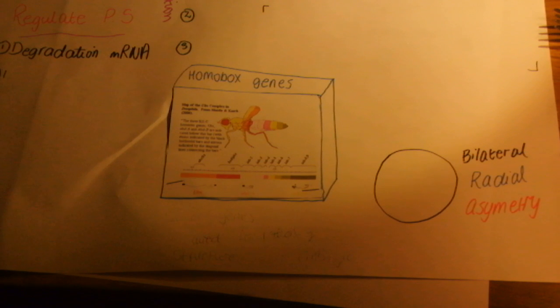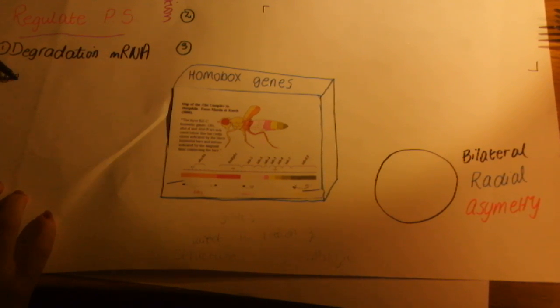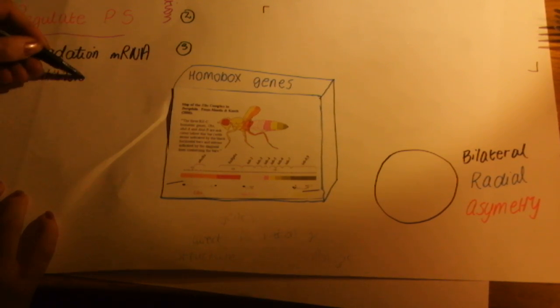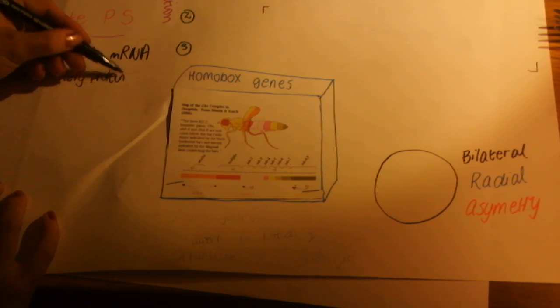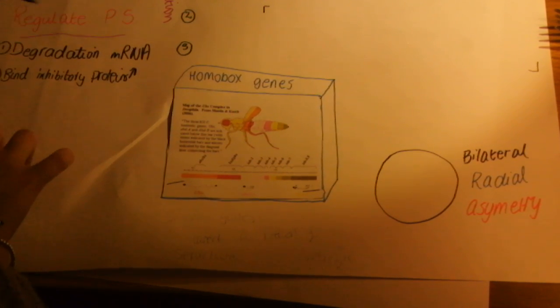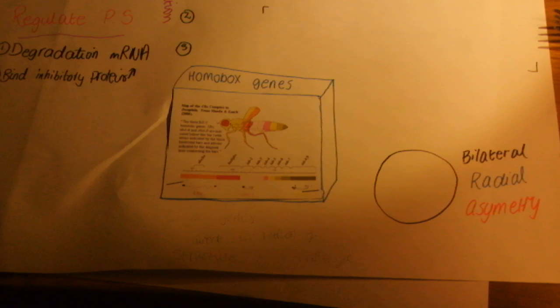Secondly, the binding of inhibitory proteins to the mRNA. When you bind inhibitory proteins to the mRNA strand, this prevents it from binding to the ribosomes, preventing any synthesis of proteins.